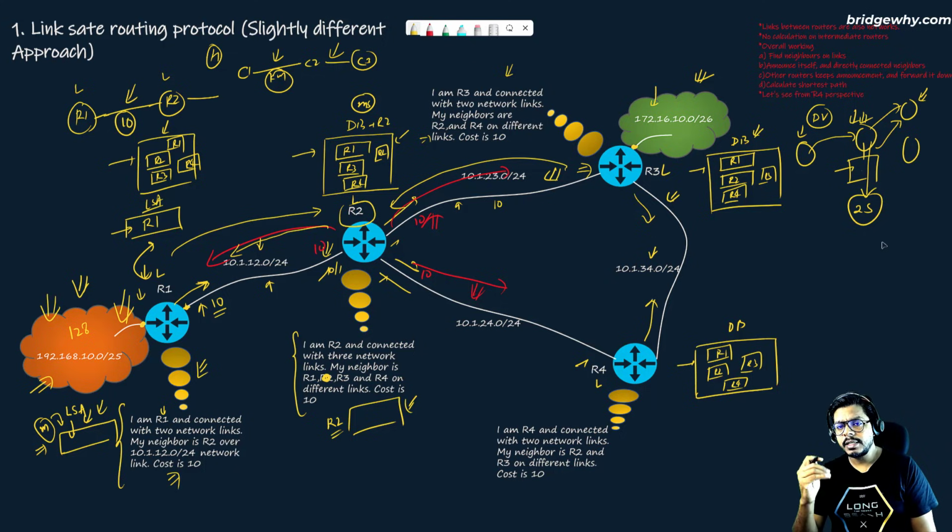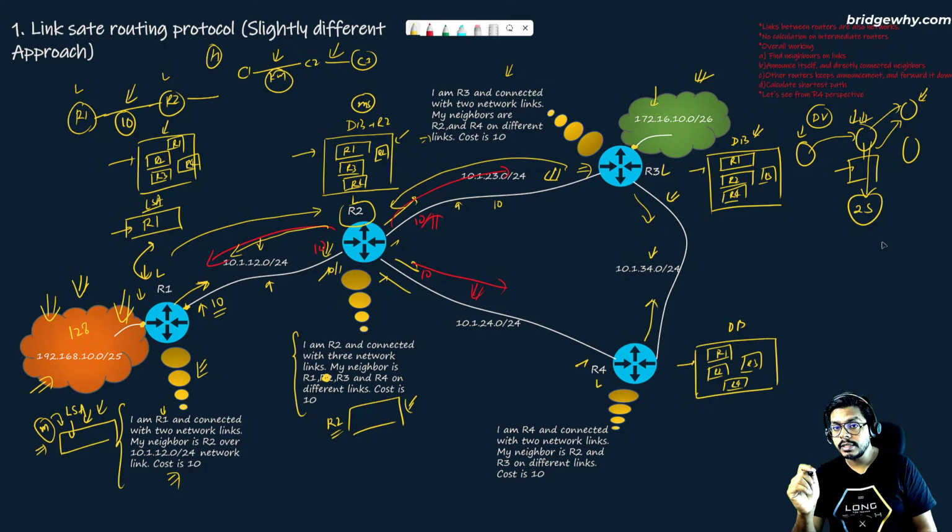But you must be thinking, that is fine, Mr. Vishnu, you have created the database. What is the use of it? And believe me, if you understand this, that every router has the same perspective of the network, then actually every router is capable of drawing this or visualizing how my complete network looks.